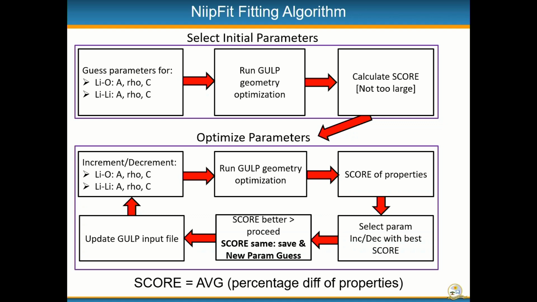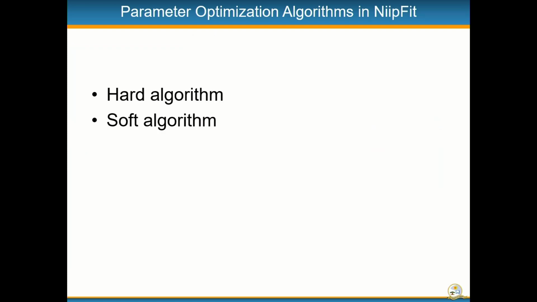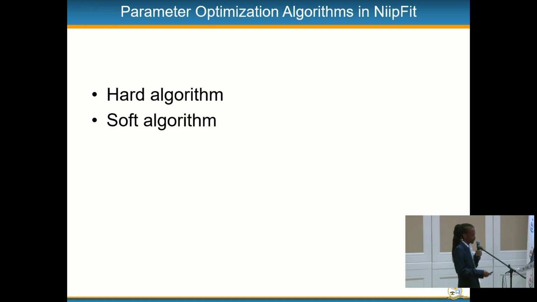Then you take that parameter, and you update your initial parameter set with it. If after this process you have no improvement, then you can just save your parameter set and continue with the next generation of new potential parameter sets. Okay, so there are two methods used in this program, the hard algorithm and the soft algorithm.